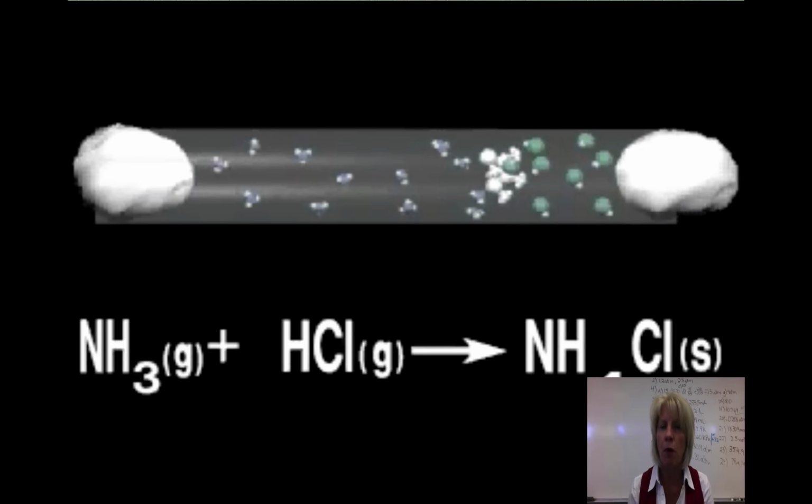That means ammonia is going to travel further down the glass tube than the hydrogen chloride will, which means that the product, ammonium chloride, which is that white precipitate that you see forming in that tube, is going to form closer to the hydrogen chloride. Remember, the rate of diffusion is inversely related to the mass of the gas particle. The greater the mass, the slower it diffuses.